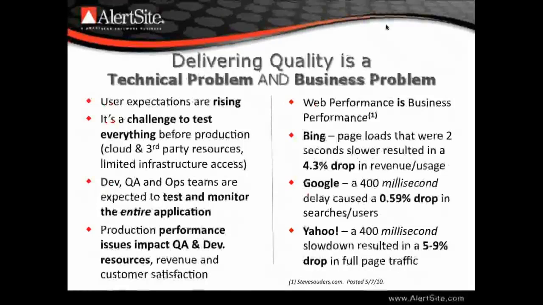Testing today's rich web applications in real-world scenarios can also prove challenging for development, QA, and operations teams, given the shift to cloud computing, where hardware and software and sometimes lots of parts of the services stack are outside of your control, and all of those physical resources are virtualized, so they're on springs rather than hard resources.